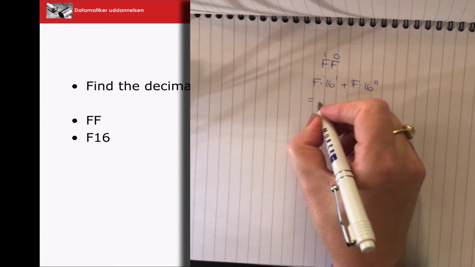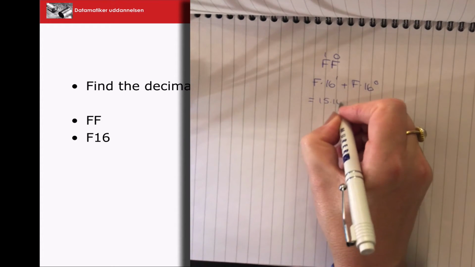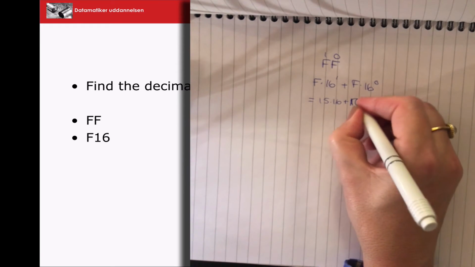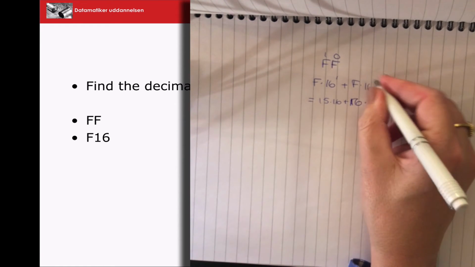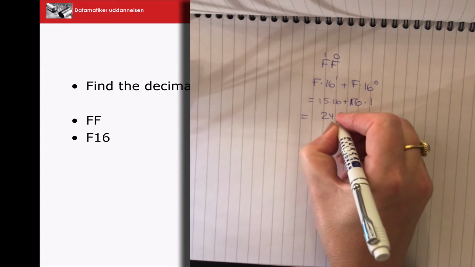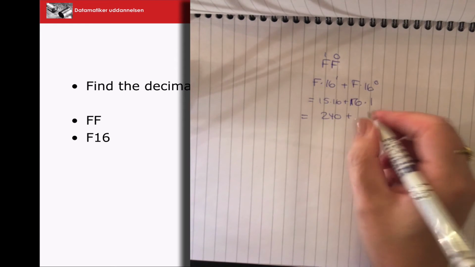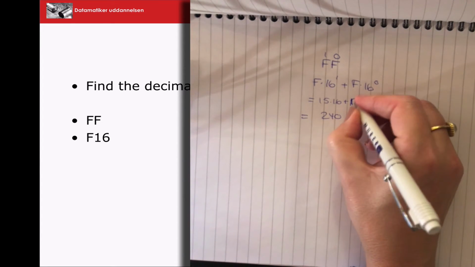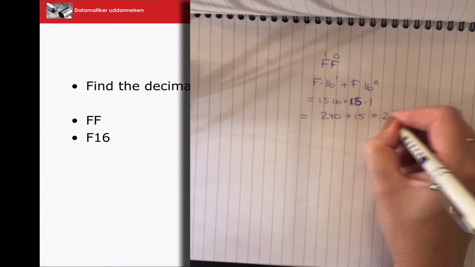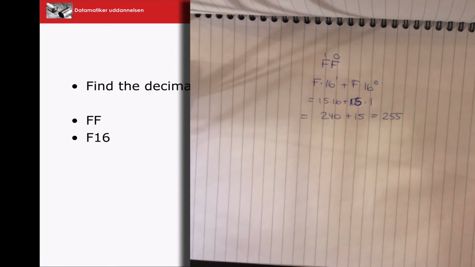And this is F is 15 multiplied with 16 plus 16 to the power of 0 is 1. And this is 240, and F is 15, and this gives me 255.